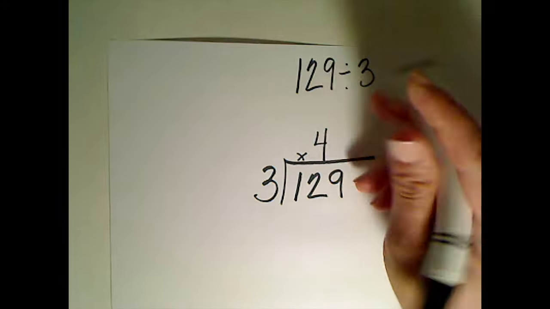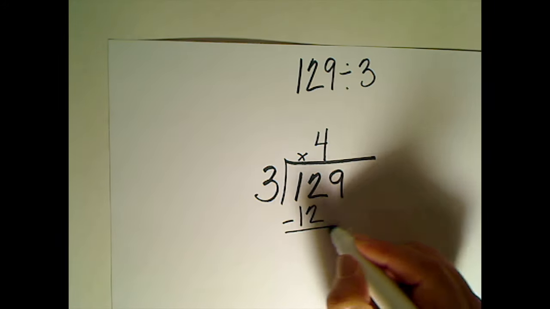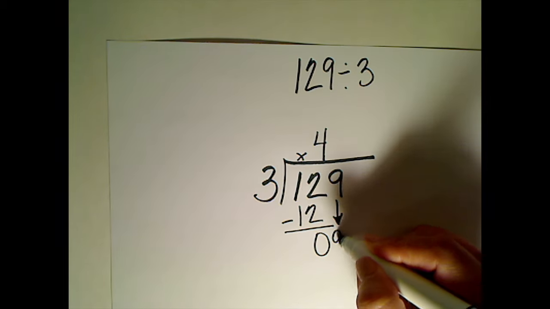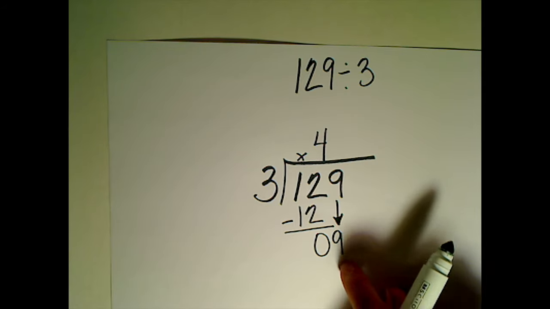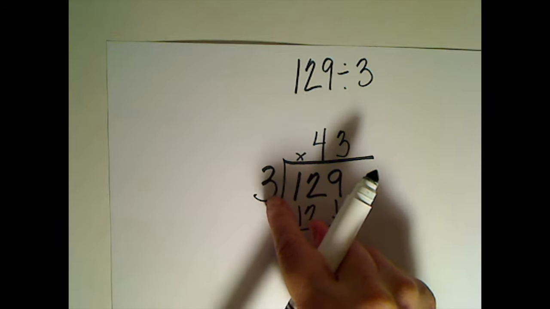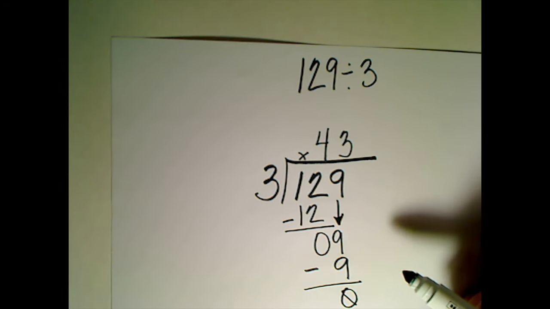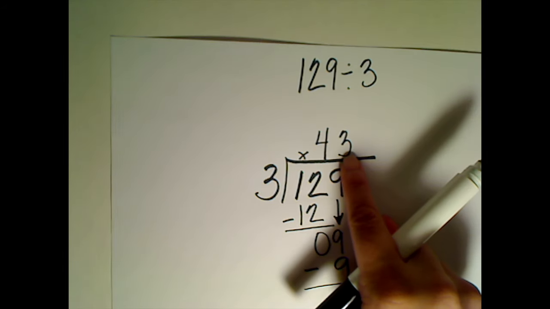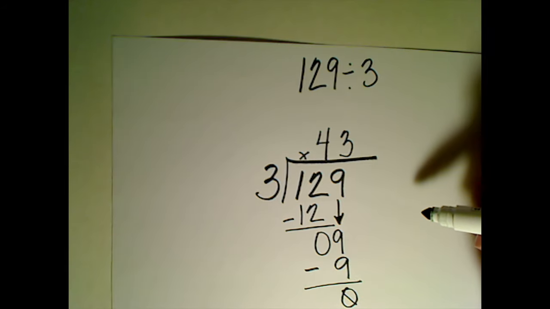We know 4 times 3 is 12. That's 0. Bring down the 9. How many times can 3 go into 9? 3 times, correct. 3 times 3 is 9. No remainder there. So 3 groups of 43 can go into 129.